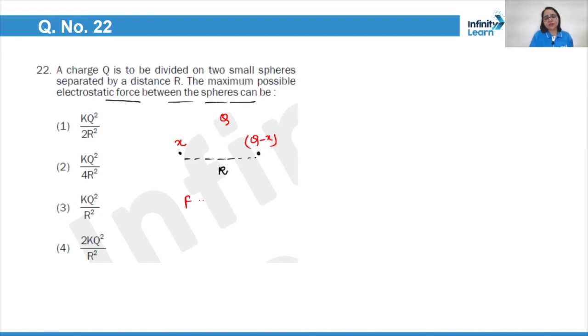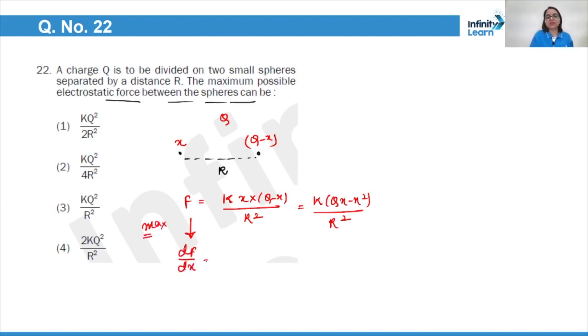So force will be k, which is 1 upon 4 pi epsilon naught, q1 into q2 divided by r square. So this is k into (Qx minus x square) divided by r square. Now this force should be maximum. That means its differentiation with respect to x should be 0. So let's differentiate this force with respect to x.